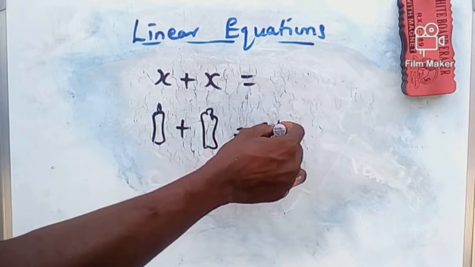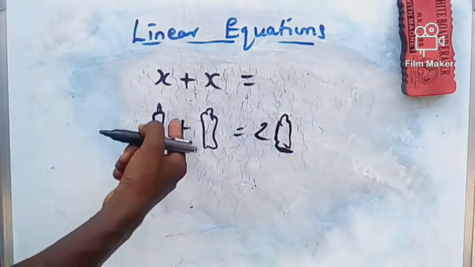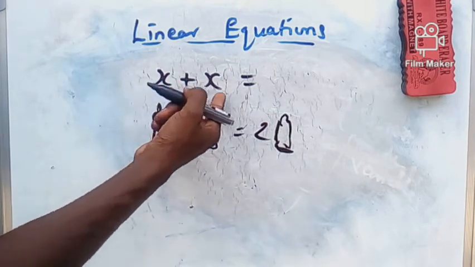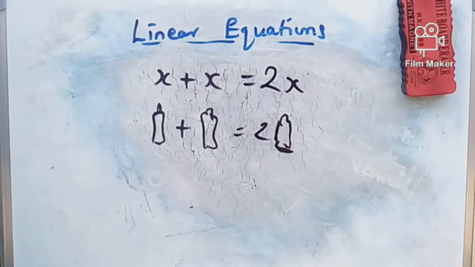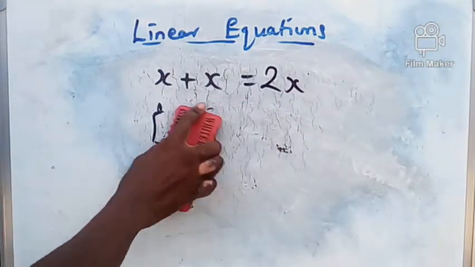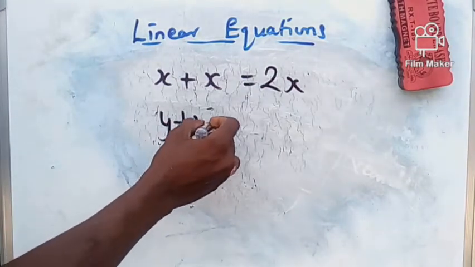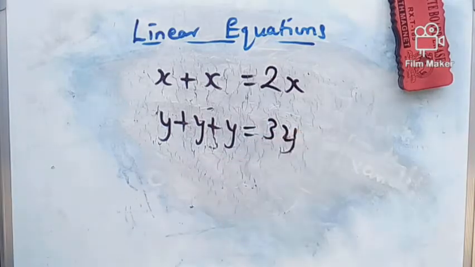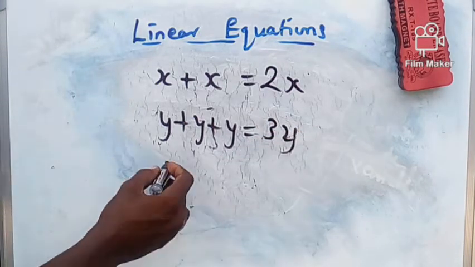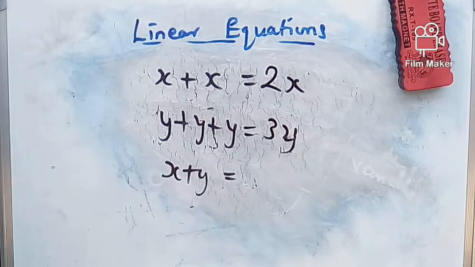I probably have 2 bottles. So when you have the same variable added together, what you get is 2 of those variables. In similar manner, when I have y plus y plus y, I'm going to have 3y. We cannot add x plus y because they are different variables. We can only add similar variables together.